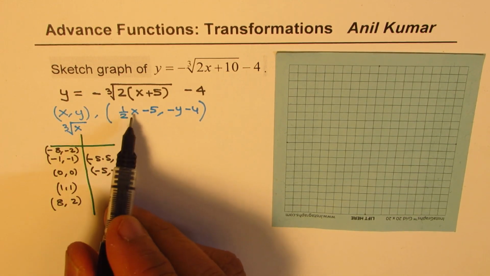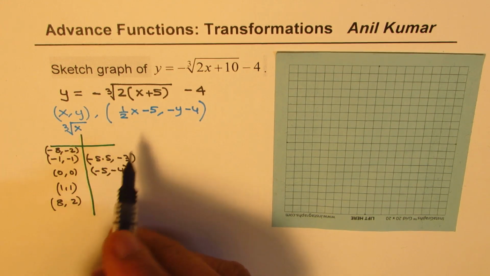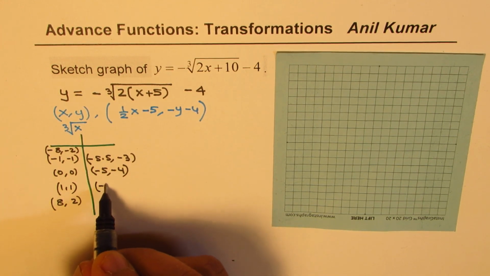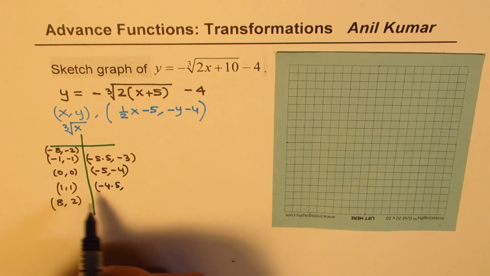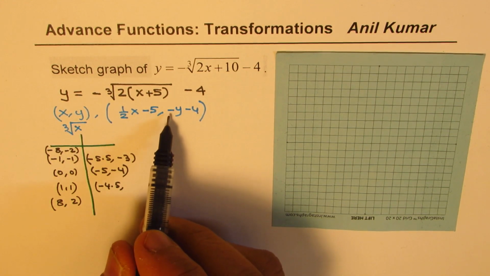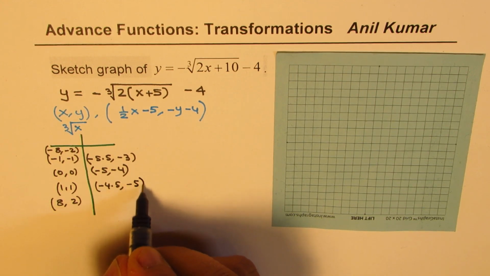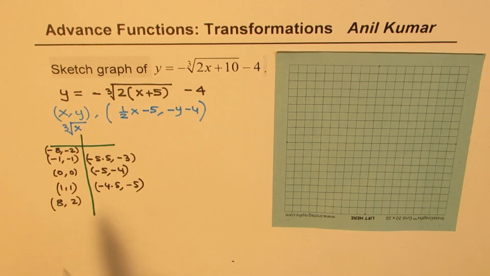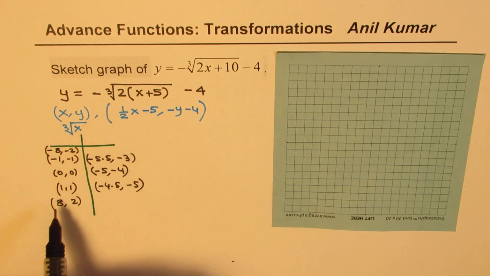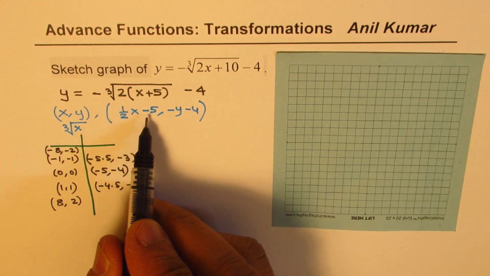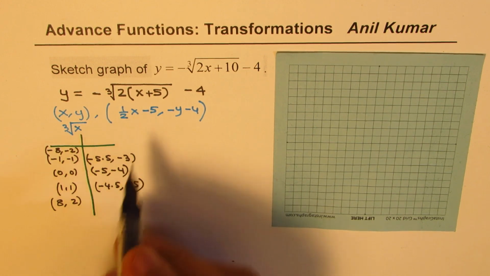1, 1 means half, that is 0.5. If you take away 5 from 0.5, you get minus 4.5. The y value will become minus 1 minus 4, which is minus 5. Taking 8 and 2, half of 8 is 4, and 4 minus 5 is minus 1.